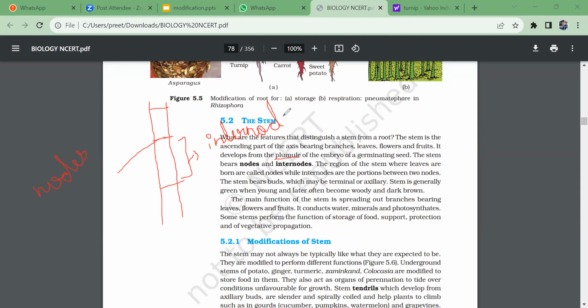Nodes and internodes. The region of the stem where the leaves are borne is called the nodes, while internodes are the portion between the two regions.